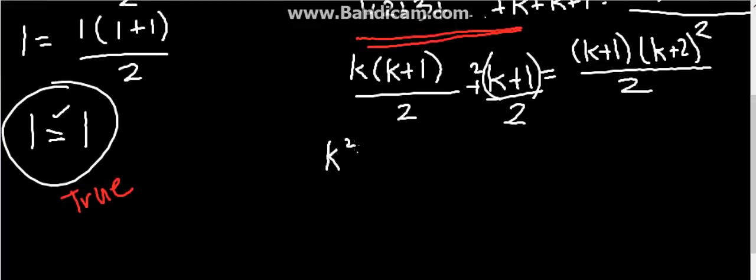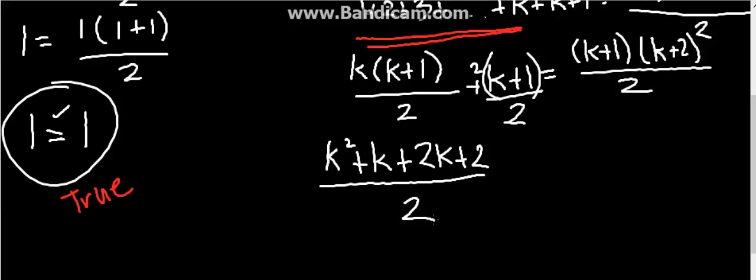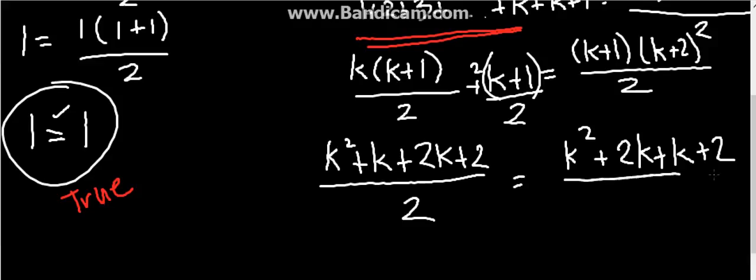k squared plus k plus 2k plus 2 over 2 is equal to, for this part, you can just use FOIL. So it's k squared plus 2k plus k plus 2.